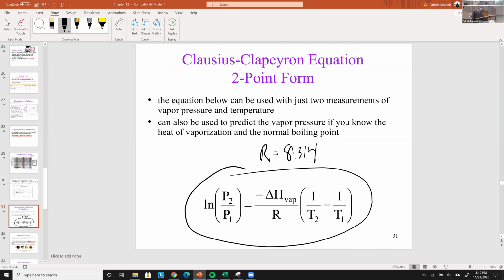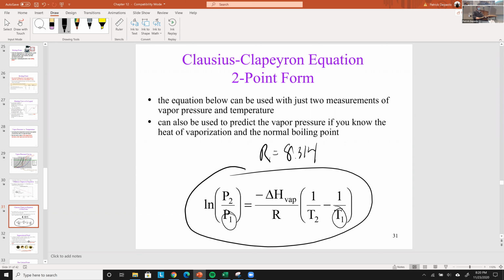So how would you solve this? You have pressure number one. So let's say you have a substance that has a vapor pressure of 1 atm at 25 degrees. You would say, all right, P1 is 1 atm. T1 is 25 degrees in Kelvin.